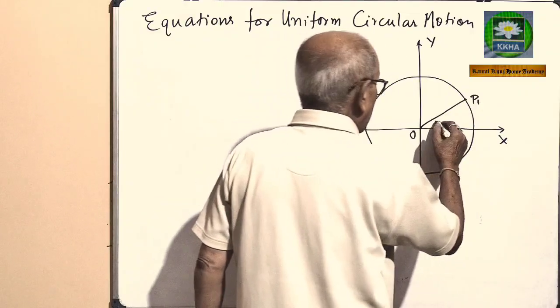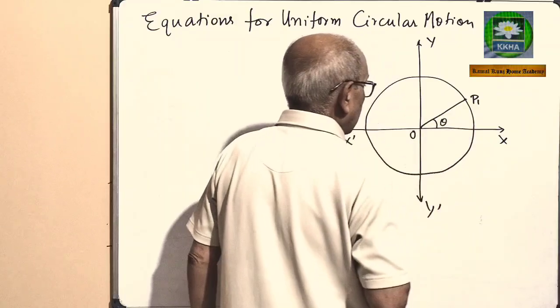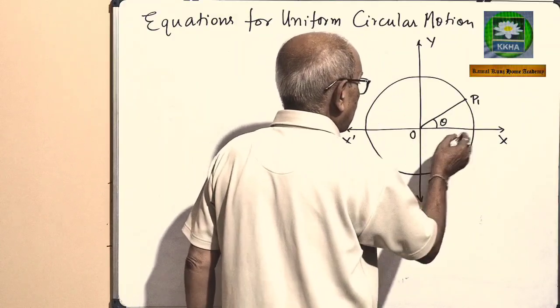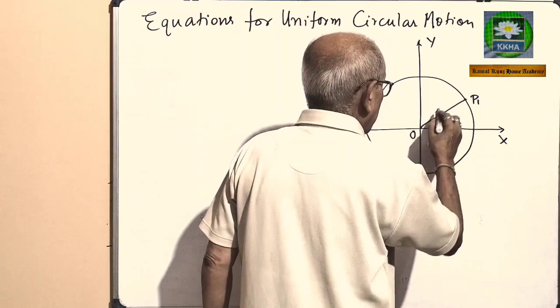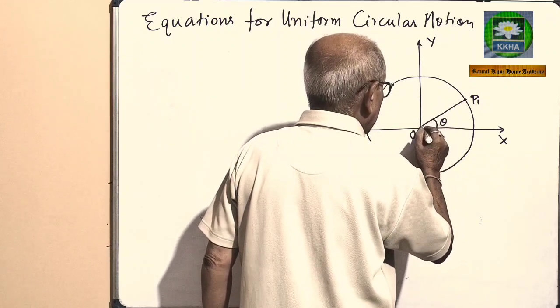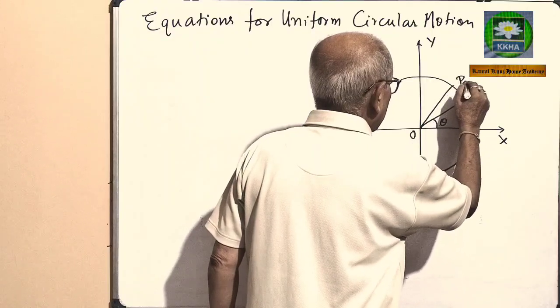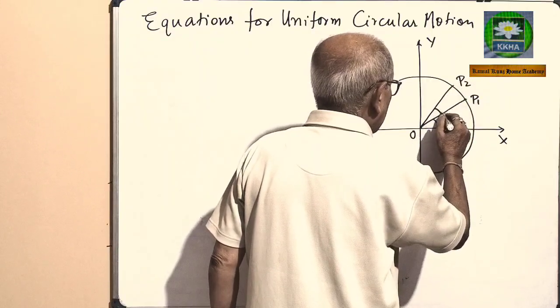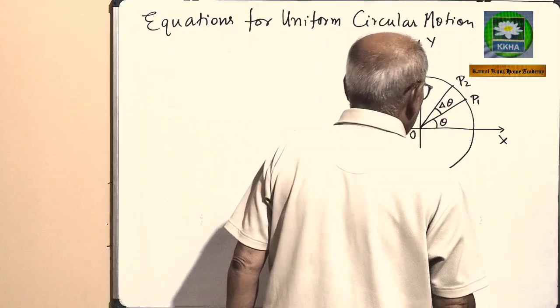Its angular position is theta, which it makes with the x-axis. After time t plus delta t, let its position be P2. This is delta theta.